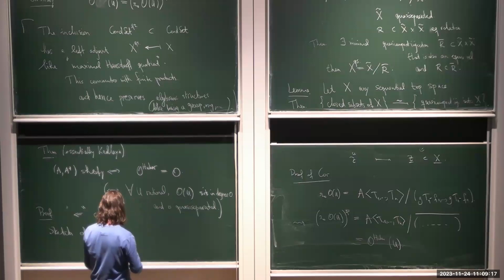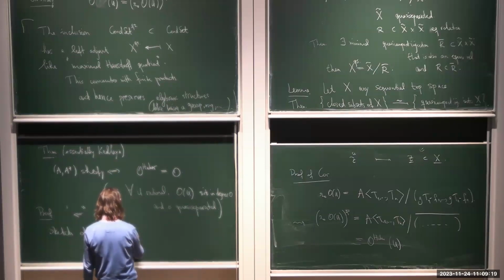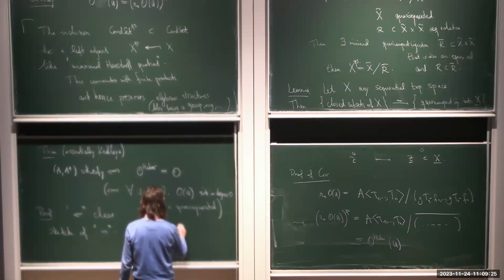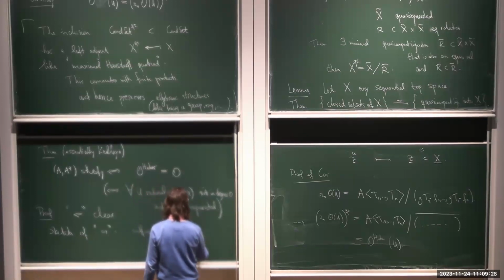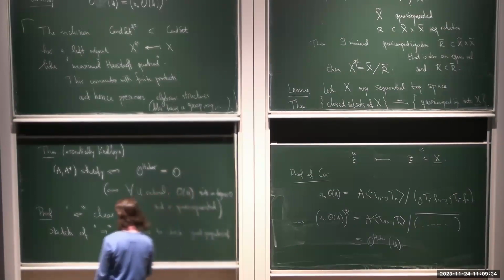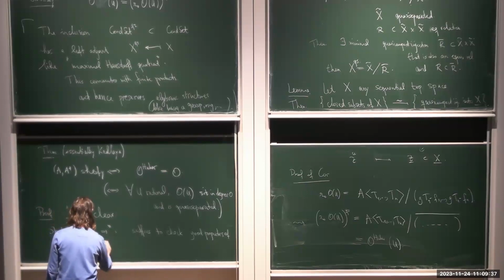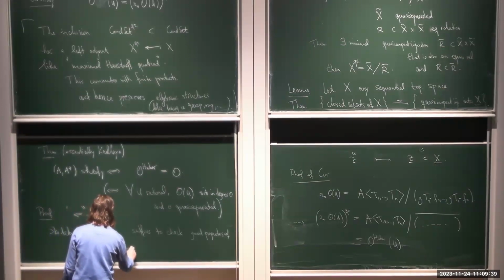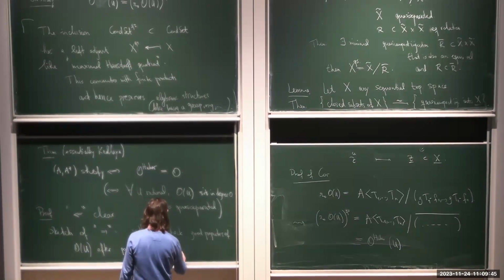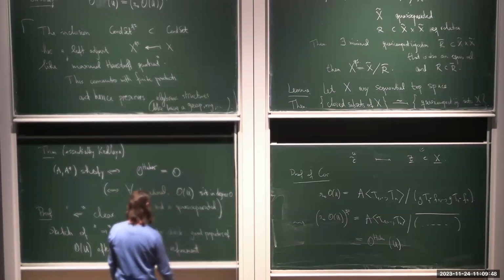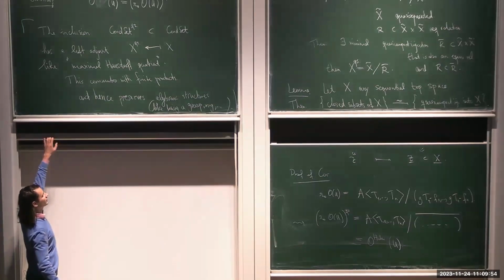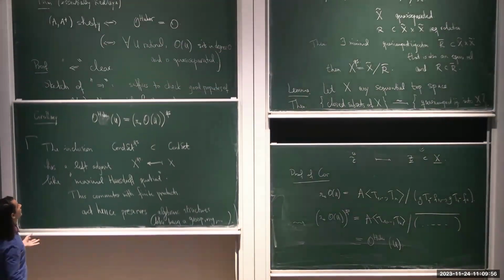So the task is to check the good property of all of U after a further refinement. And I don't want to go through all those combinatorics of how one does these refinements, and just note that it's somewhat reduced to the following.